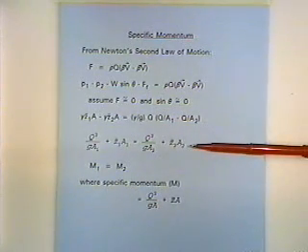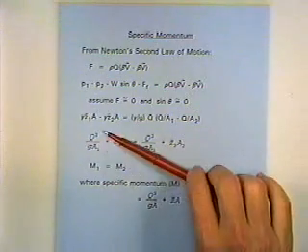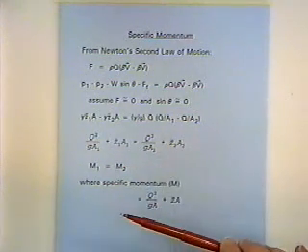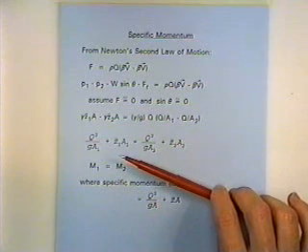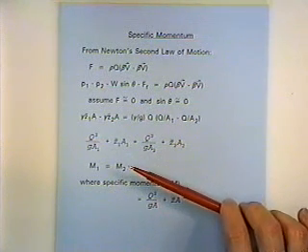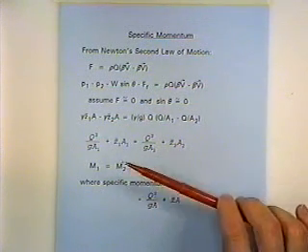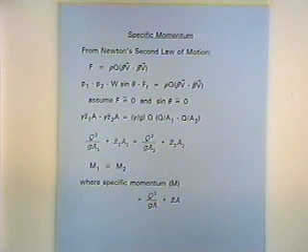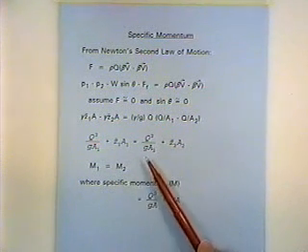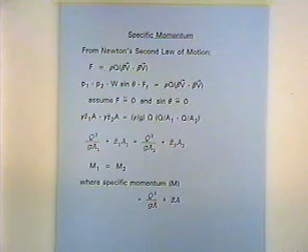And that's our specific momentum equation. What it says is the specific momentum upstream is equal to the specific momentum downstream. And so we've got Q squared over acceleration of gravity times the area upstream plus the distance from the water surface to the centroid of the area upstream times the cross-sectional area of flow upstream, equal to the same terms downstream.